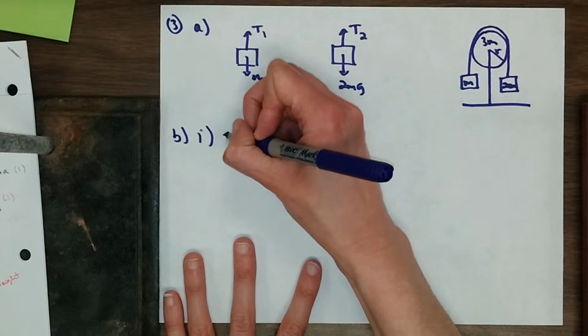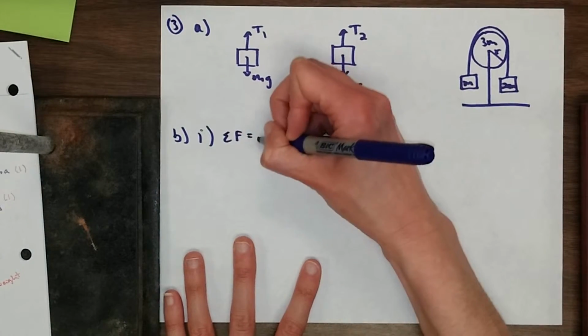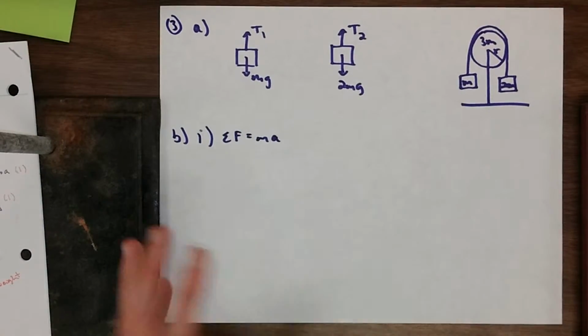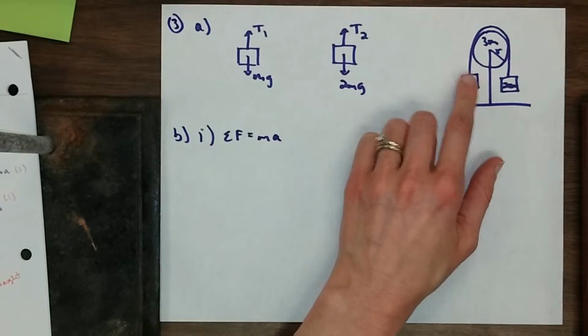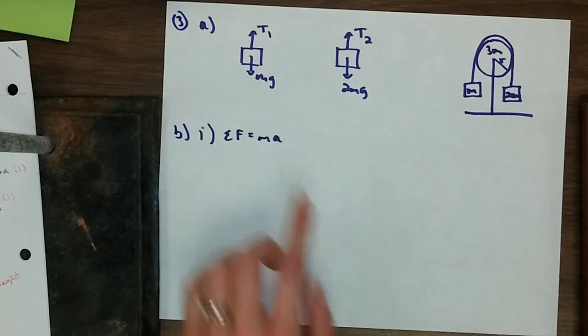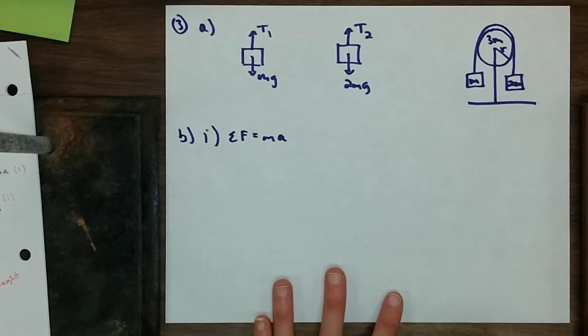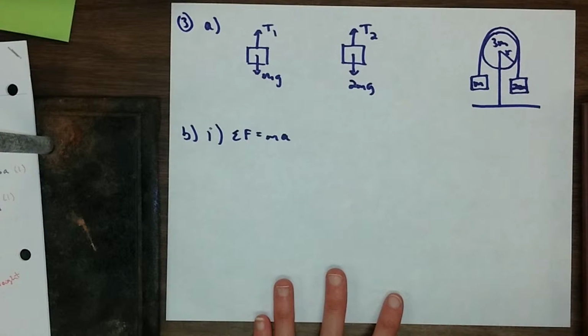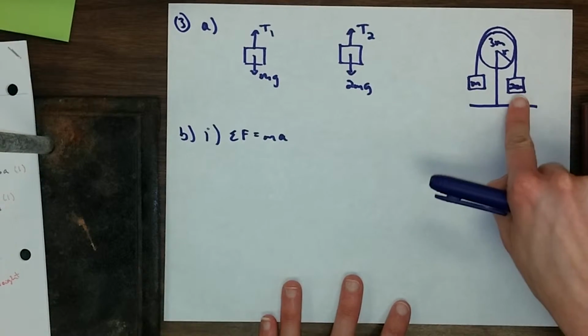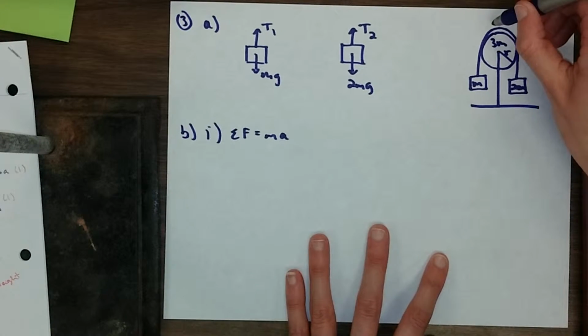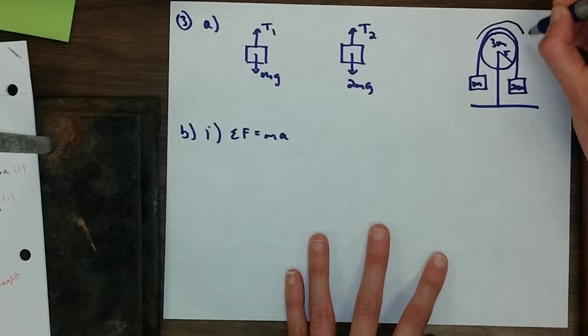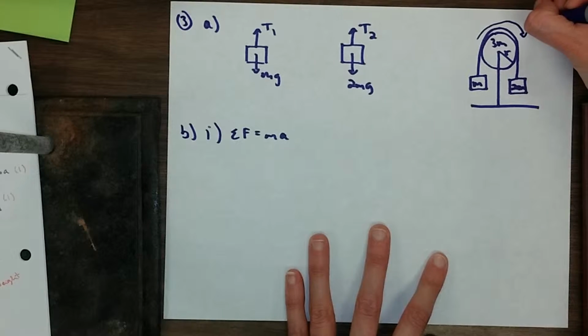So net force equals ma. But then I'm going to write that specifically for that mass. So here are the two forces on it. We want to think about the direction that everything's going to accelerate so that we can call that our positive direction. So the heavier mass is on the right side. So we know the acceleration is going to be in this direction, basically.